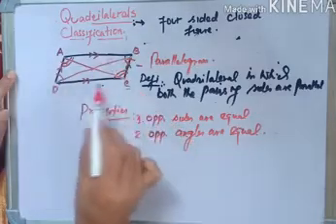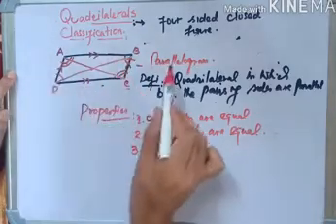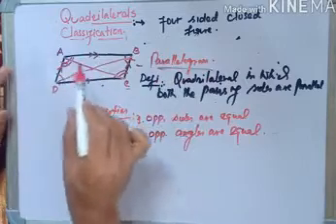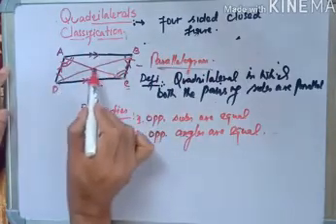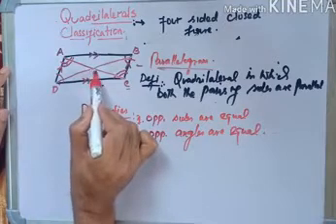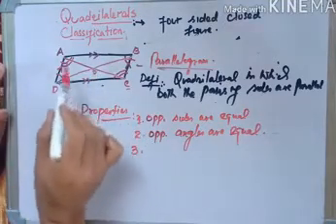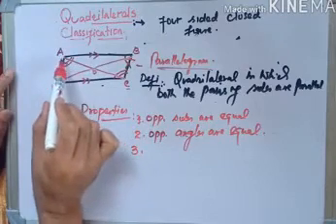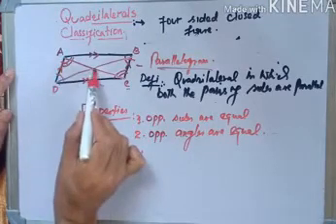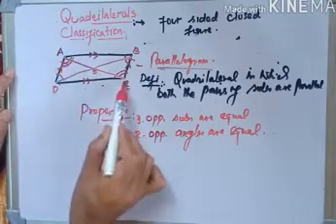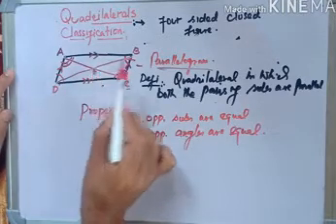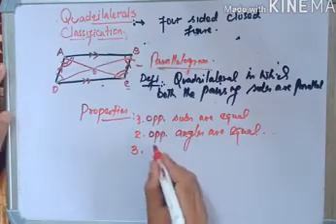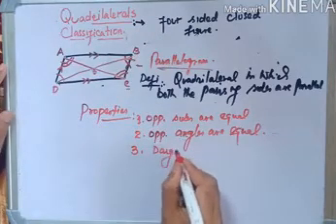So a parallelogram has two diagonals, and you can see that these diagonals intersect at a point, say O, and this part of diagonal AO is equal to OC, and this part DO is equal to OB. So we can say that diagonals bisect each other in a parallelogram.